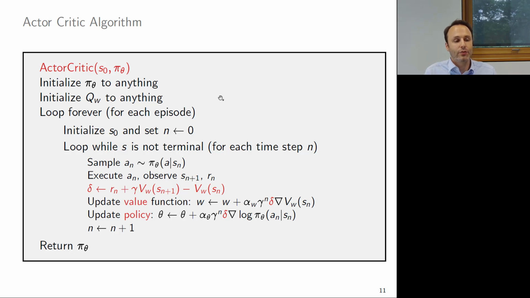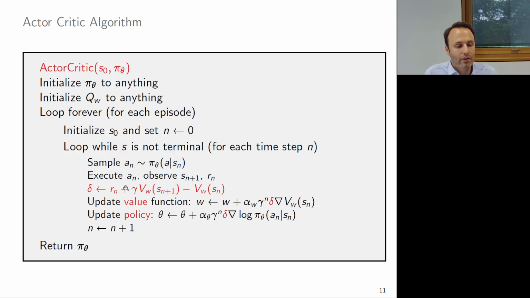Now, this gives rise to an algorithm called the actor critic algorithm. Here we initialize again the policies to anything and the Q values also to anything. And then we loop forever. Here we sample from the policies, execute an action, and observe just a reward and the next state, so not the whole trajectory.